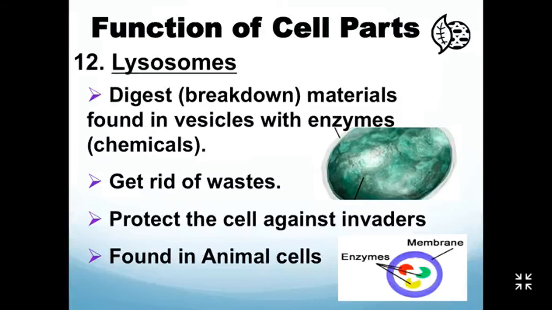Why is it that there is no lysosome found in plant cells? Lysosomes are not needed in plant cells because they have cell walls that are tough enough to keep the large foreign substances that the lysosome would usually digest out of the cell. So that's why lysosome is not present in the plant cell anymore.